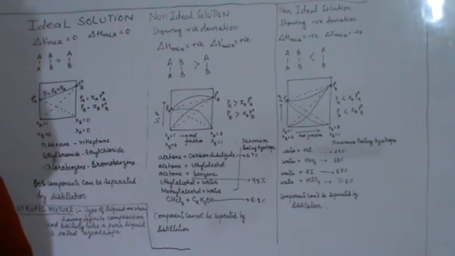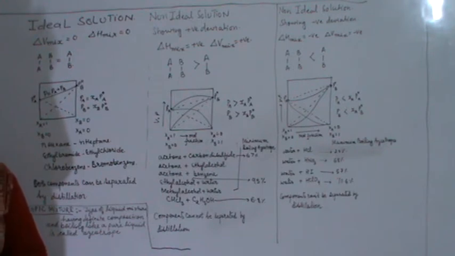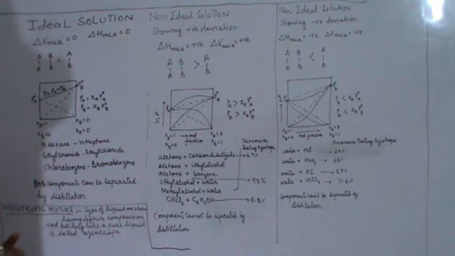And on the basis of Raoult's law we discussed two types of solutions: ideal solutions and non-ideal solutions. Ideal solutions are the solutions which obey Raoult's law, and non-ideal solutions do not obey Raoult's law.